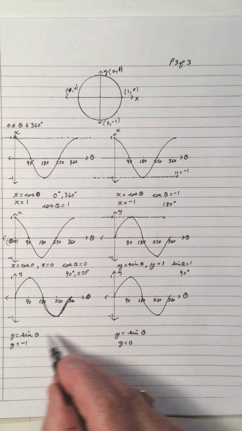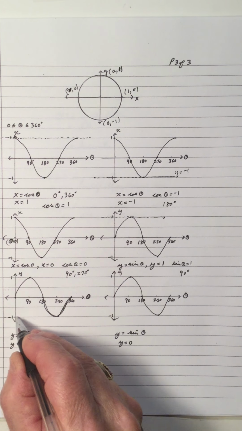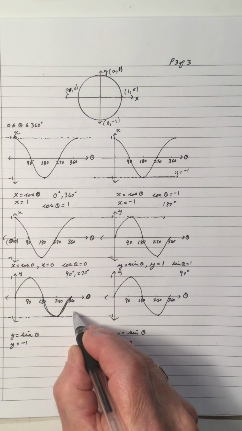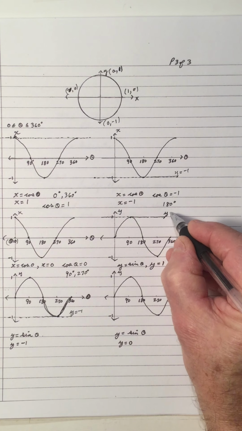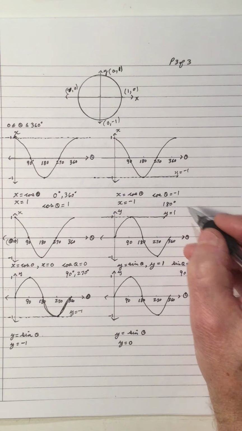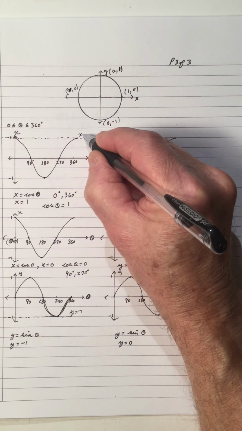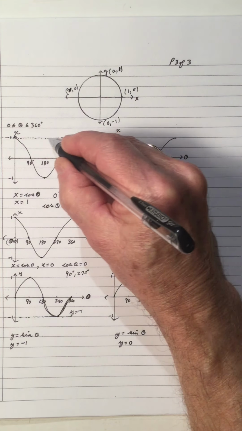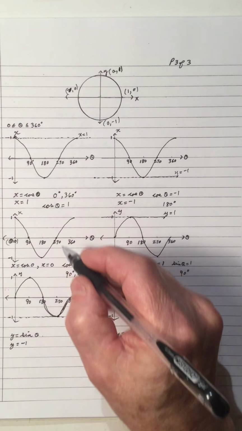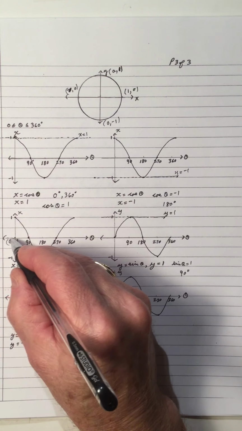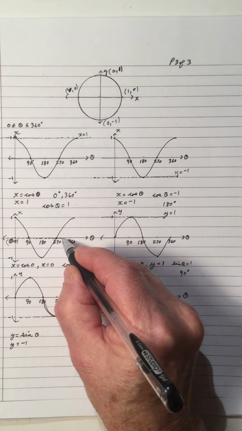There it is. Sine is negative 1 down here. This is the one where y equals 1, and up here is where x equals 1. I forgot to put x equals 1 on this line. Have it here. And x is 0 right straight through here.